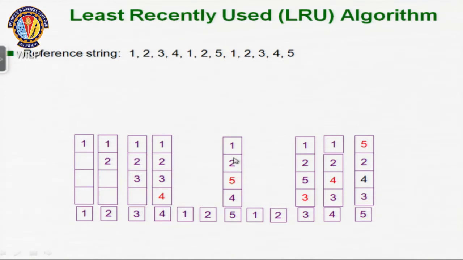We find that 1 was referenced here, 2 was referenced just before 5, and 4 was referenced, but 3 was referenced much earlier. So 3 would get replaced, and that is how 5 comes here. In the same manner we continue. If we count the number of page faults in this case, we find it is 8, which is greater than optimal, but less than FIFO.